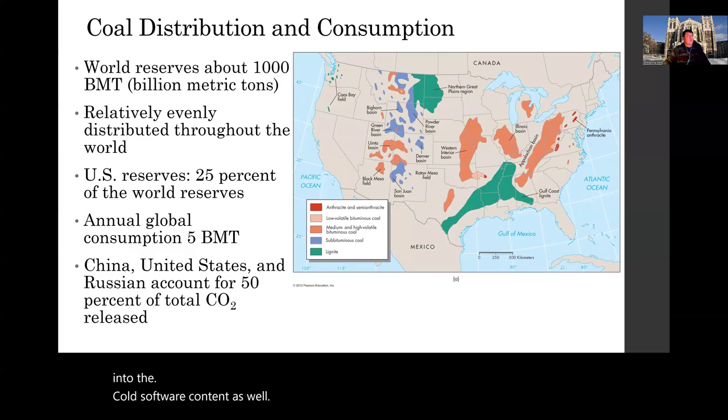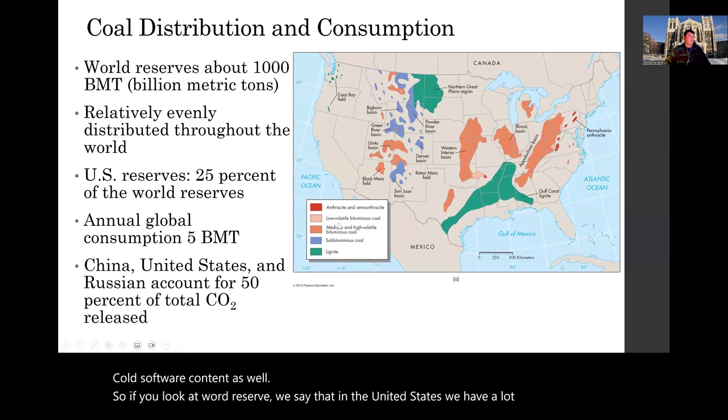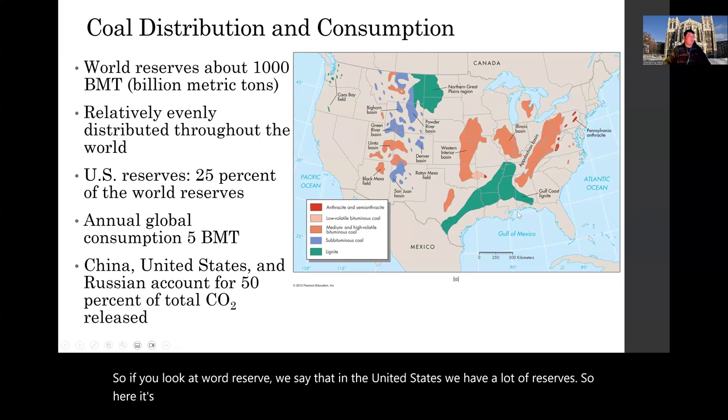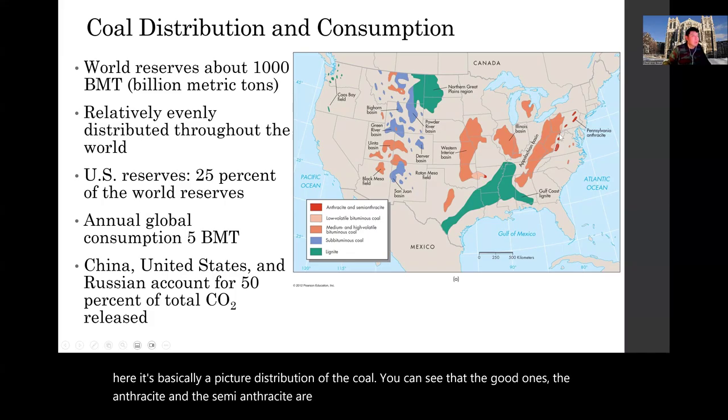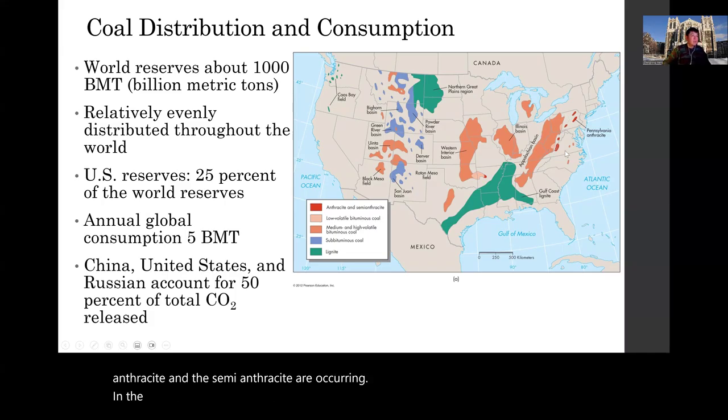If you look at reserves, we say that in the United States we have a lot of reserves. Here is a picture of the distribution of coal. You can see that the good ones, the anthracite and the semi-anthracite, occur in the east, in the Appalachian basins. Very good coal, Pennsylvania anthracite, is a very famous one.